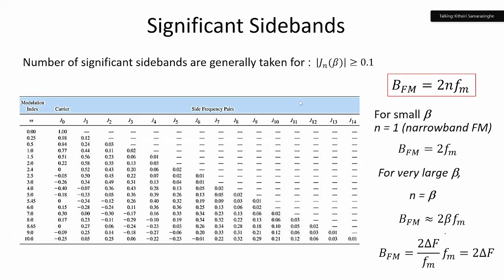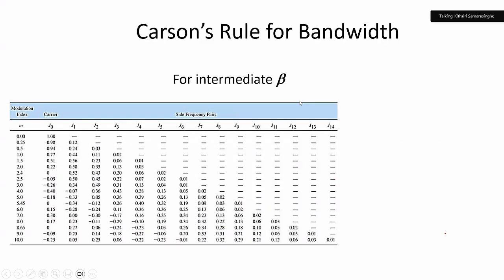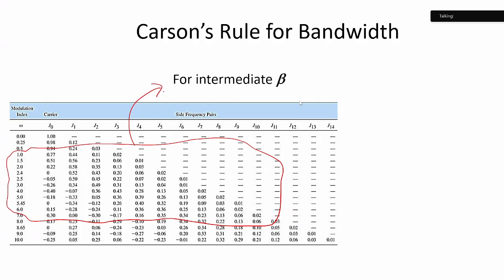Now, for intermediate beta values, which is around here, these are called intermediate beta values. You notice that the number of significant side frequency pairs will be 1 plus beta. Not beta, but 1 plus beta.